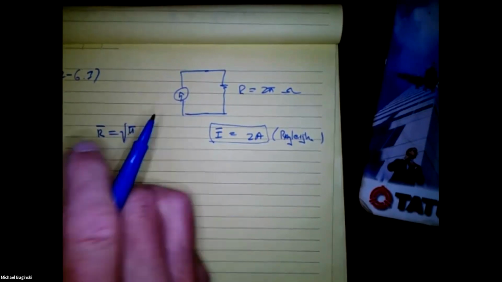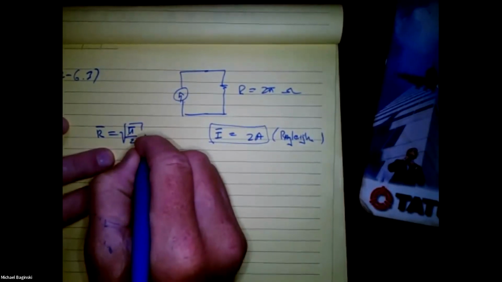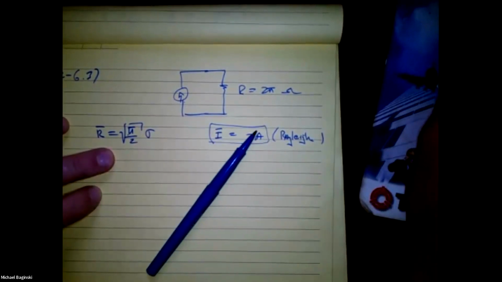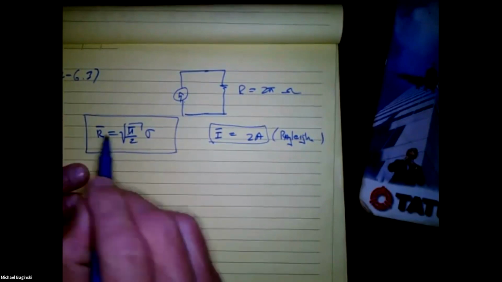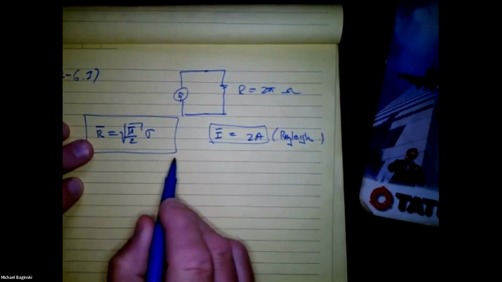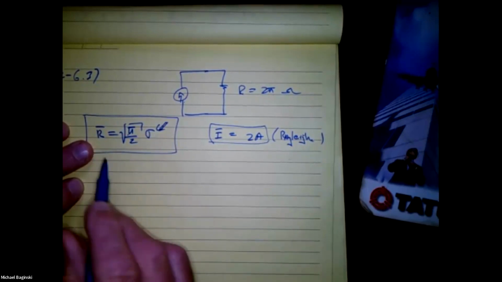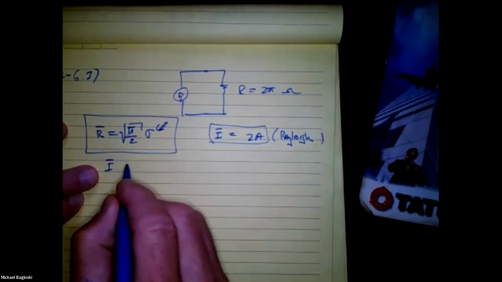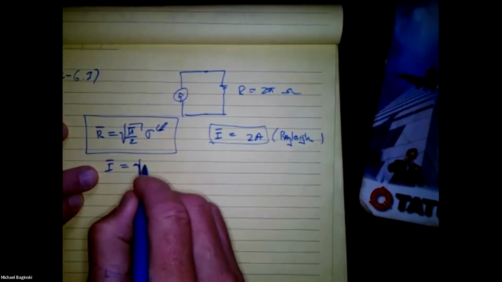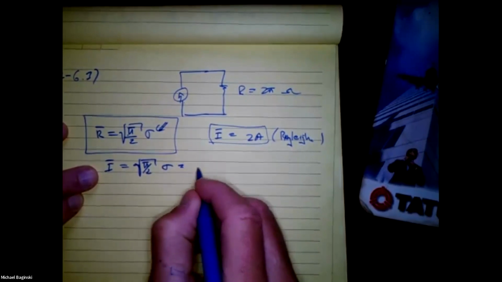The actual Rayleigh mean is equal to the square root of pi over 2 times sigma. I'm trying to think of where this is in the book, and let me see if I can find that. I'm not sure where this is in the book, but this is the Rayleigh mean. Now, we need the Gaussian mean to continue on. So really, the I bar here, the Rayleigh mean, is equal to the square root of pi over 2, and we did this in class too, I think, times sigma, which is equal to 2.